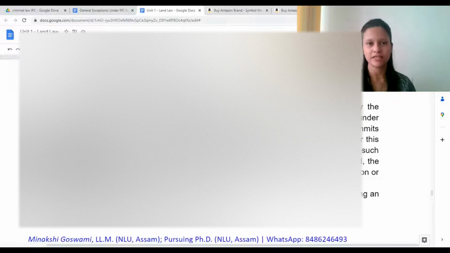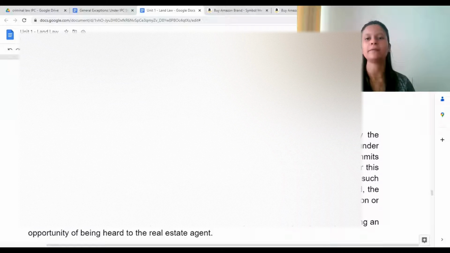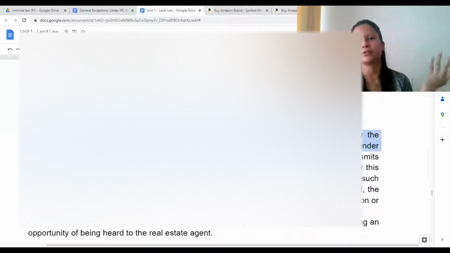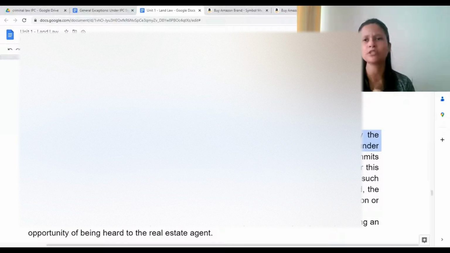Every registered real estate agent shall be granted a registration number by the authority, which shall be quoted by the real estate agent in every sale facilitated by him under this Act. This is to bring transparency. Otherwise I could simply say, maybe this is some other Meenakshi, it's a very common name, maybe this is some other person, it's not me.